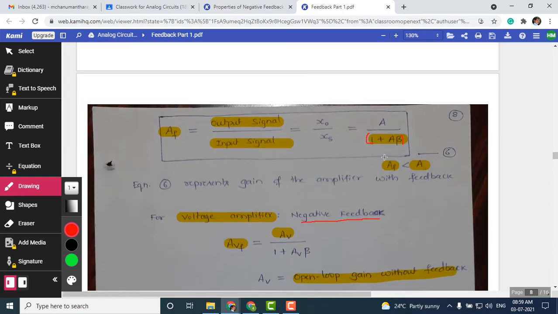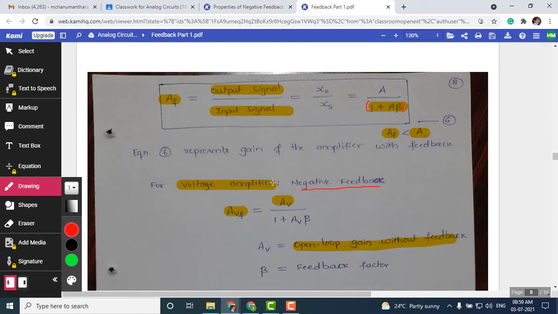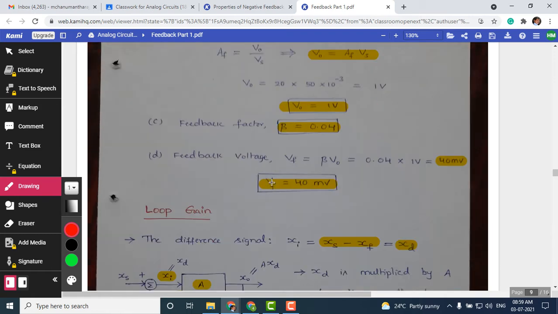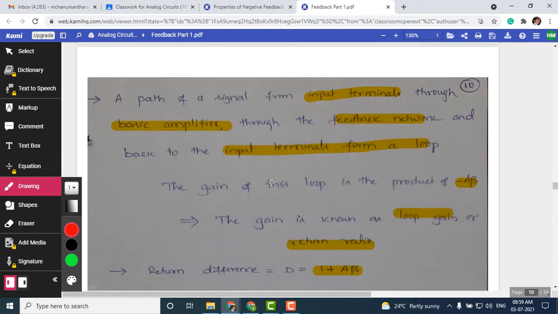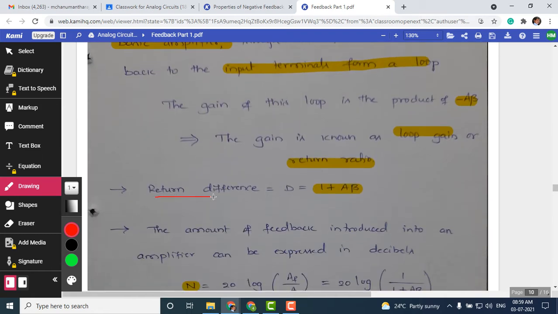So this 1 plus A beta is denoted by another term called return difference, that you are seeing here. Return difference is nothing but 1 plus A beta. As I mentioned in the beginning, you will come across several formulas, so students should remember this. Sometimes in the examination they may ask you to calculate the return difference, so you must use this 1 plus A beta.